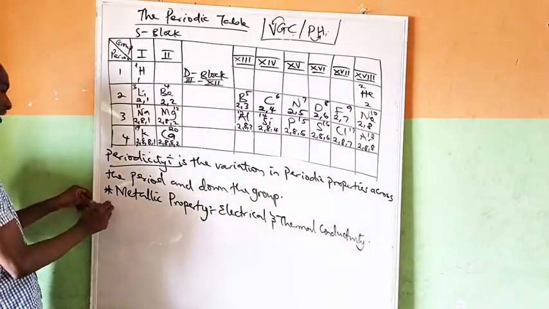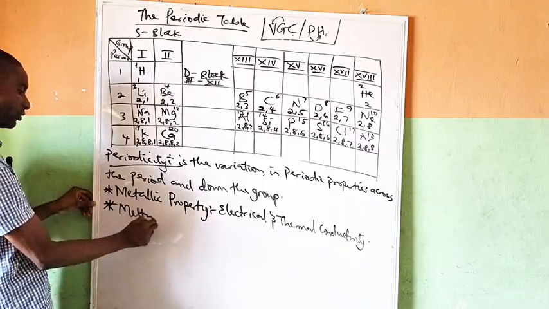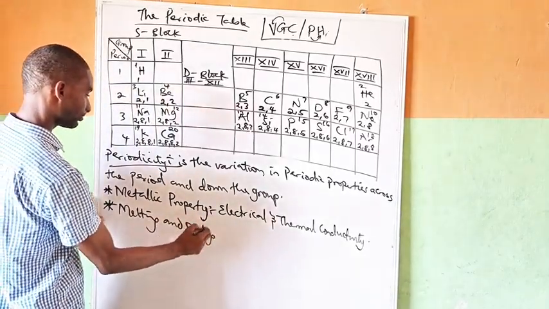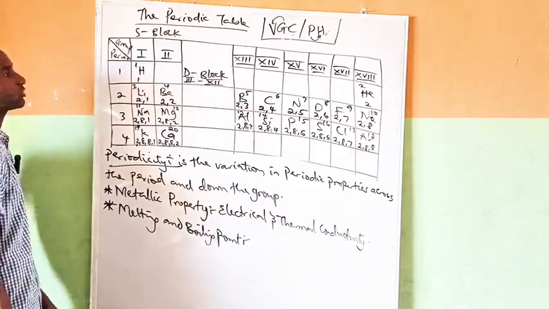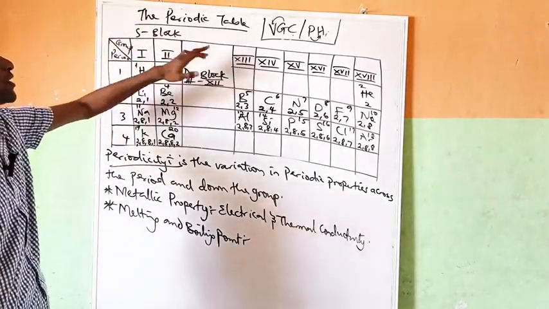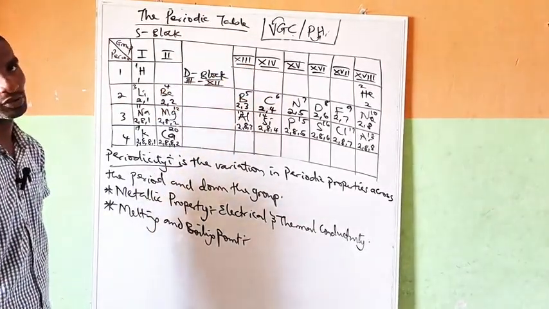The next property I'll talk about is the melting and boiling point. Now, before I proceed, let me say this. Group 1 to group 13 are all metals.